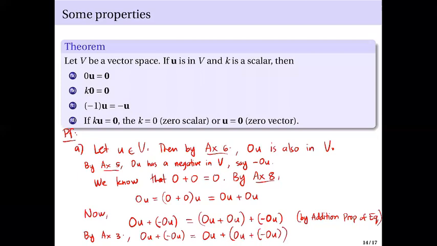And then on both of these, we will apply axiom number 5: if you add a vector u to its negative, you will get the 0 vector.